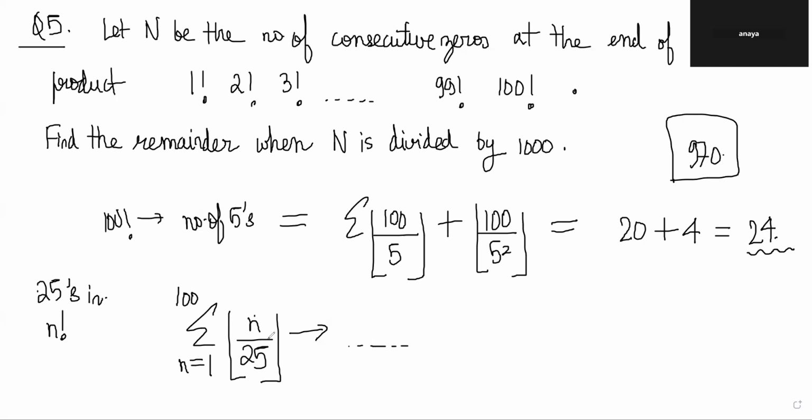When the n value is between 26 to 49, there is 1 extra 5. When it is between 50 to 75, there are 2 extra 5s. So you have to count this number properly.